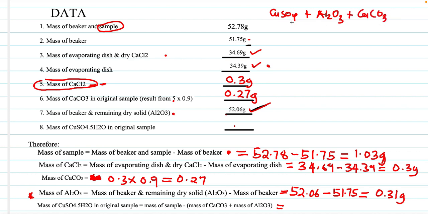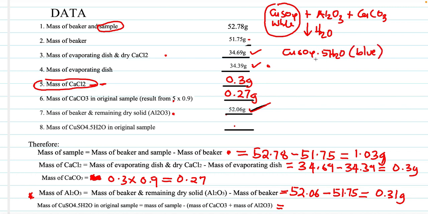Now when we added water to this, the color of this copper sulfate is always white, but when we added water to this mixture, the purpose of adding this water was to dissolve this. So the moment we add water, this now becomes CuSO4.5H2O. The color becomes blue. The color of this is always blue. Obviously, you're going to observe a blue color if you actually conducted this experiment.